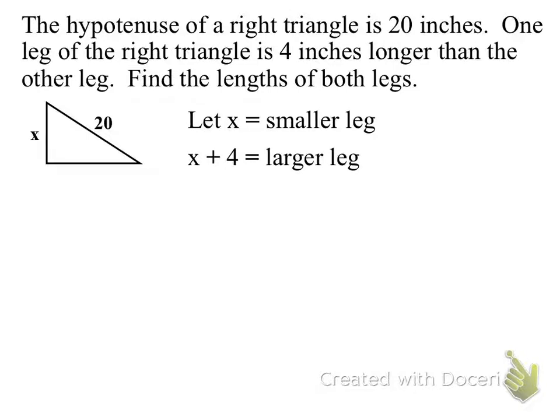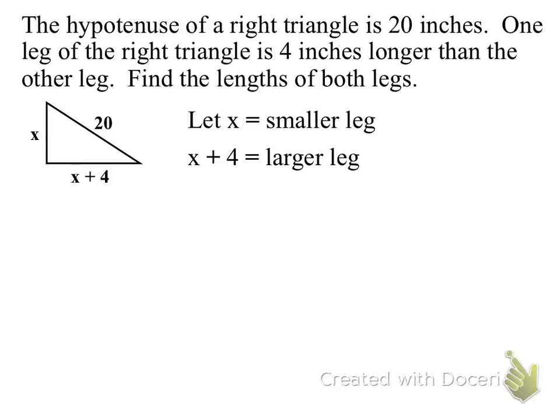Now we're in right triangle mode, so what am I going to use here to solve this? Let me hear from somebody new. Phoebe, what am I using to solve this? I'm in right triangle mode. Jordan?